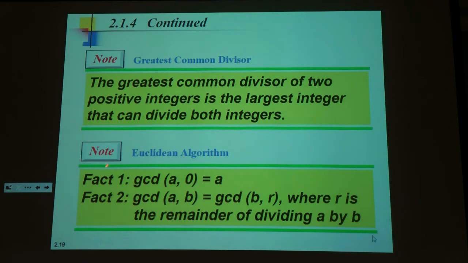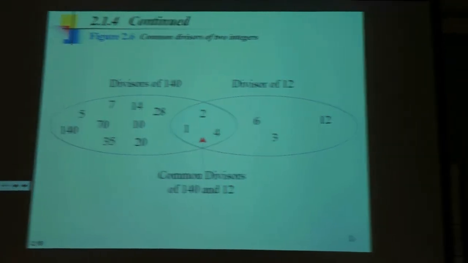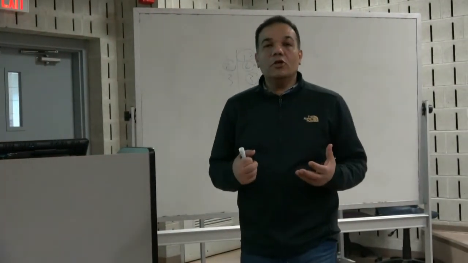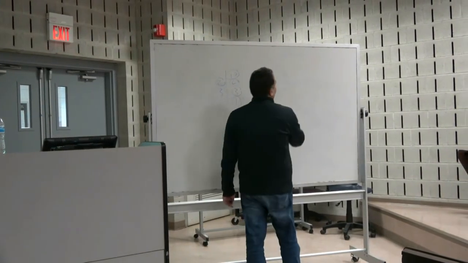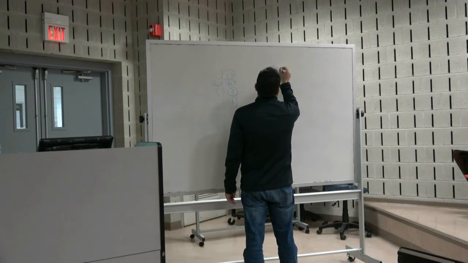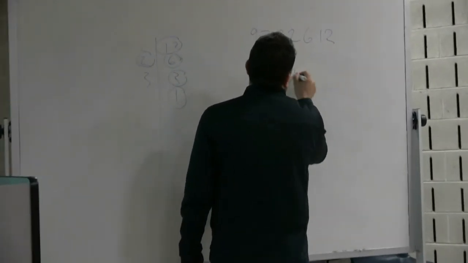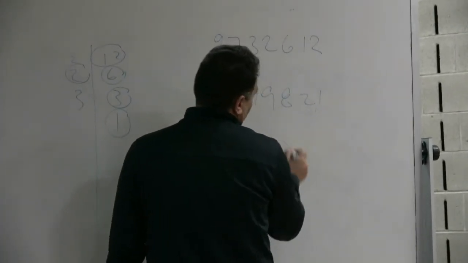For two small integers like that, it's easy to calculate it. Do you agree? You do it like this. But by the way, one thing in encryption you need to know is that we use huge numbers. So if I give you 5 minutes to calculate this for me, the greatest common divisor, go ahead.